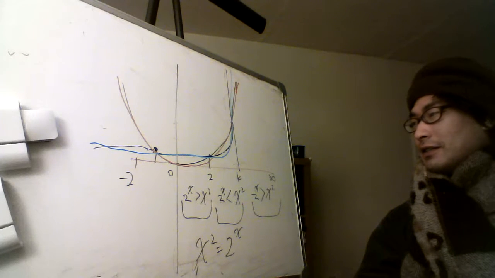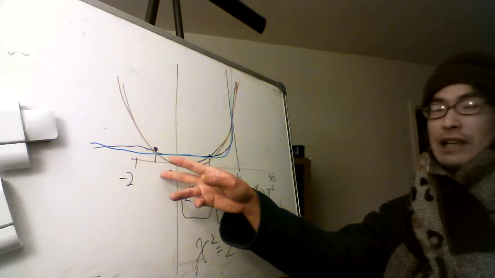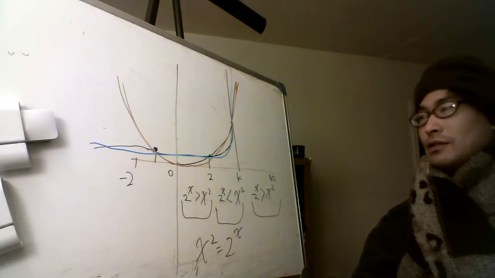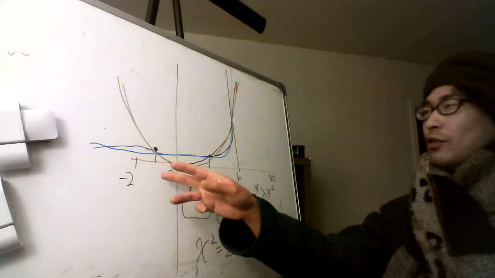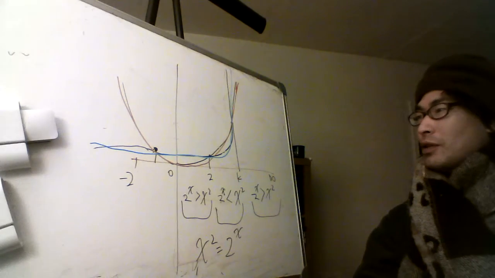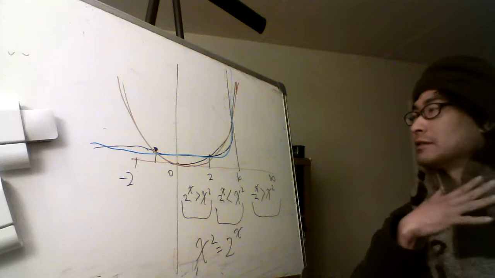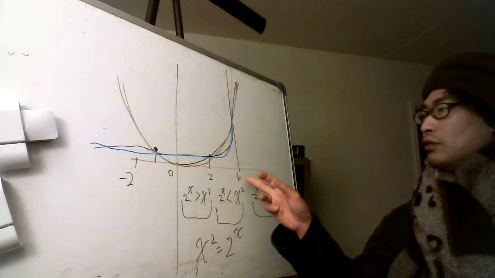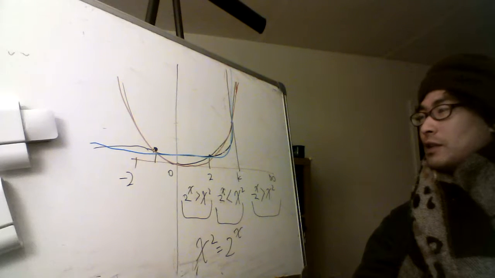Minus 0.7 or minus 0.8, something in that range. So this is 4, and the other is about minus 0.7, something like that.